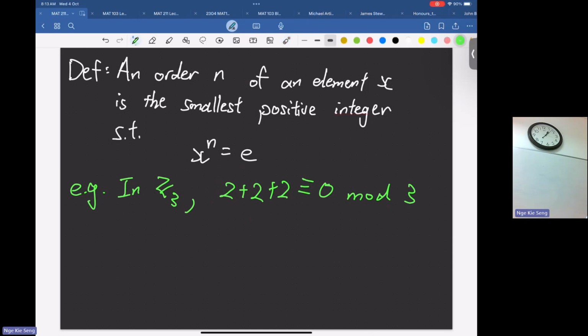So in this case, we say the order of 2 is 3. You need to argue why it is the smallest one: because less than that it is not the identity yet. Yeah, question.